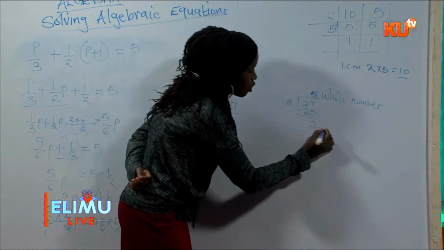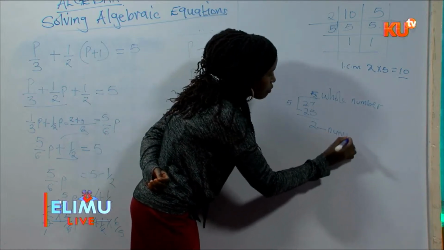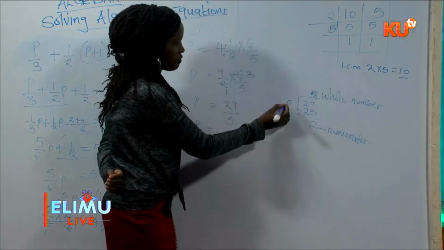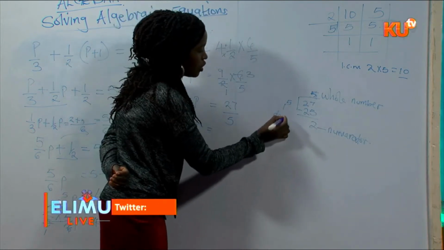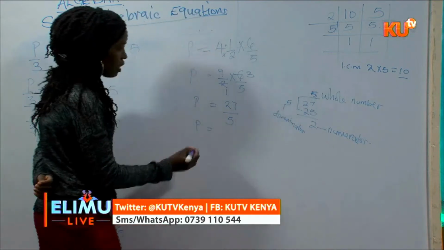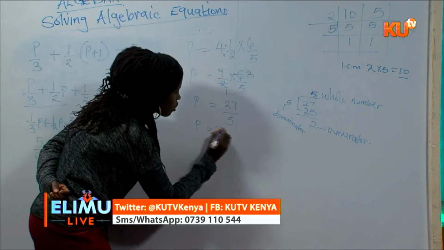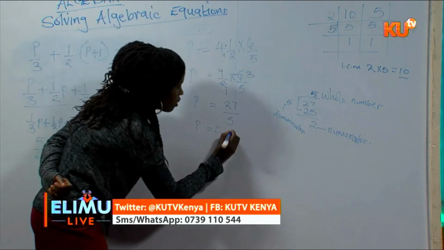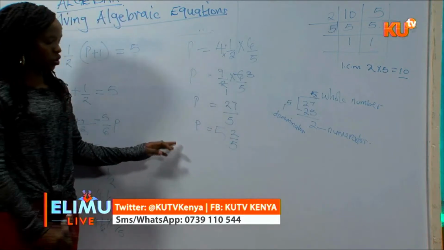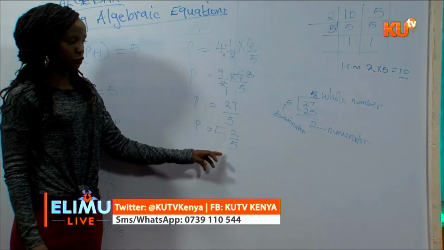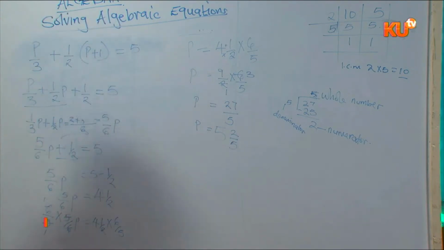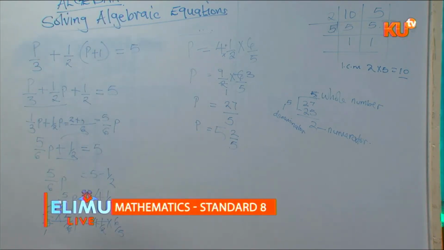And then 2 is going to be our numerator when we are forming our fraction, and then 5 is going to be our denominator. So don't confuse the numbers after you have gotten it. So we are going to have 5 as our whole number, then 2 over 5. So the value of our P is going to be 5 2/5. That is the answer for the value of P. Very good.